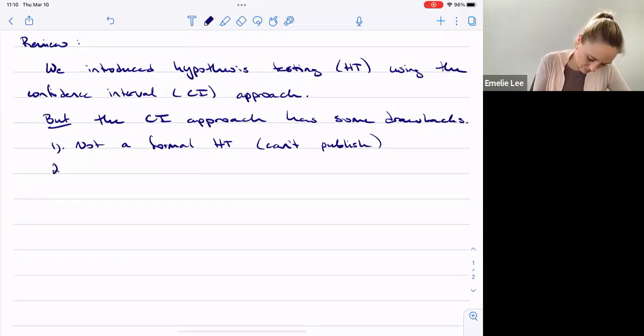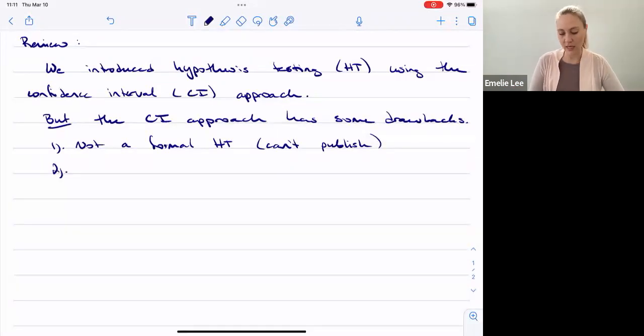Okay. The second one is that it really doesn't tell us how extreme the observation is. So you can look at the interval and you can compare it to your hypothesized value or your null value, and you can see if it's in there or not, but it's really hard to tell how far away that interval is from the hypothesized value, right?